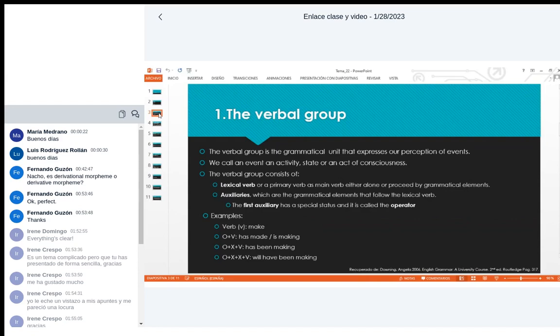The primary auxiliary have allows to express perfectiveness, so actions that have occurred, and to make the difference between which action has happened first and which has happened later on. And finally, the verb to do allows the speakers to make negatives and questions.